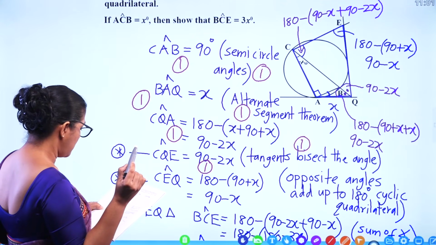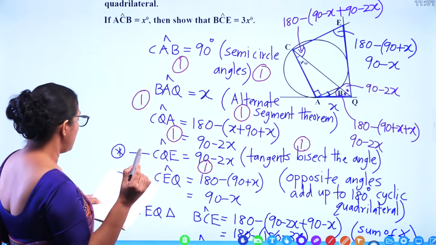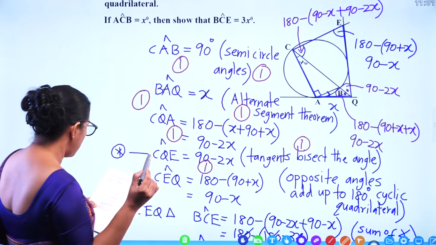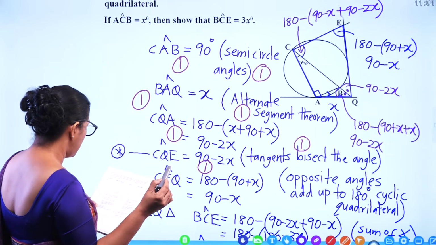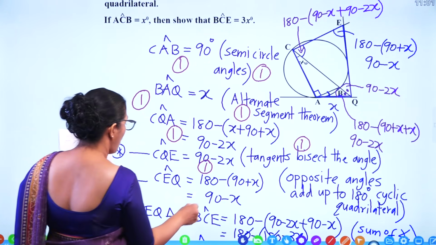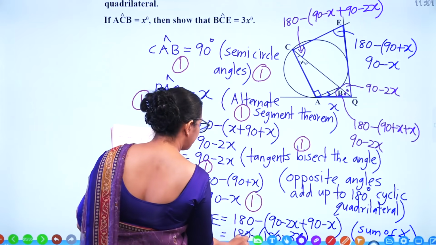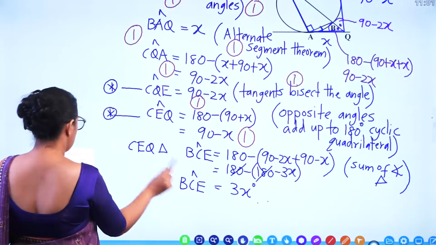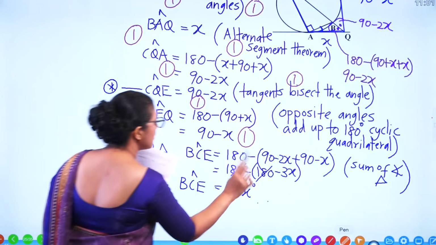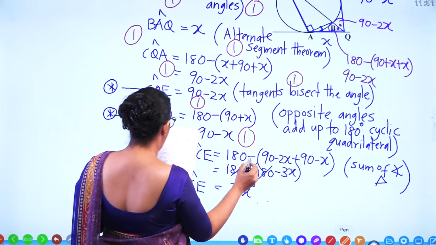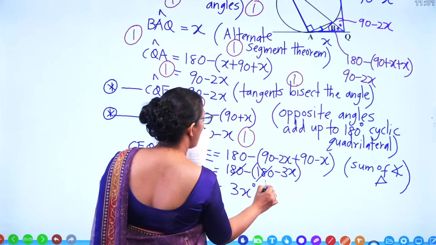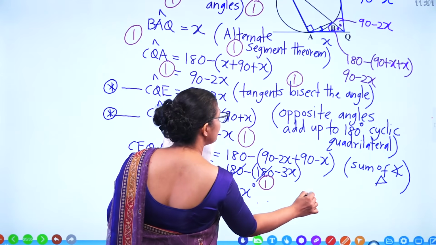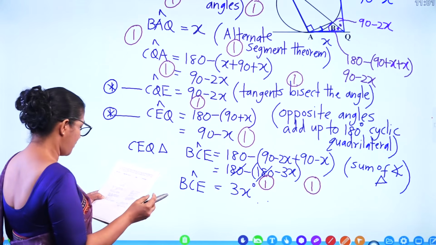And then finding this angle, you get 1 mark. And then using the sum and finding the answer, 1 and 1. 2 marks for this step.